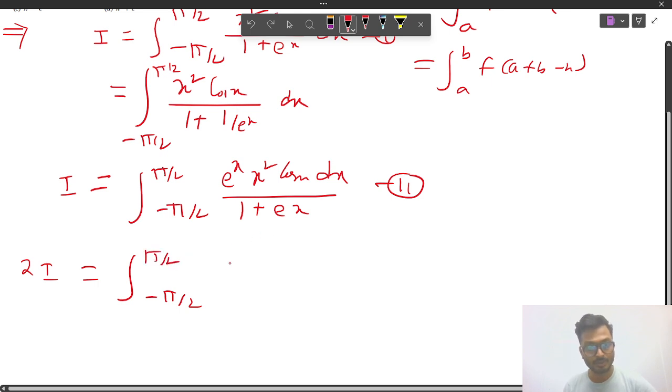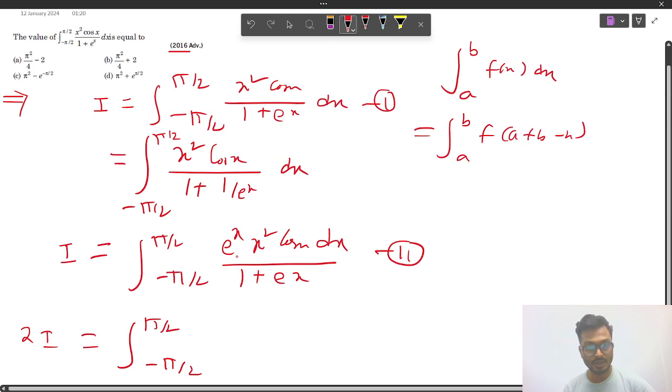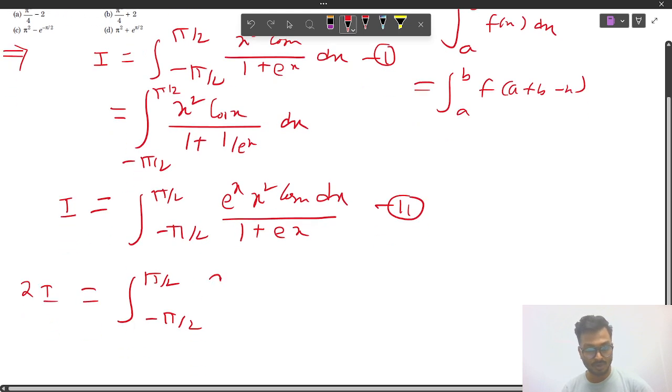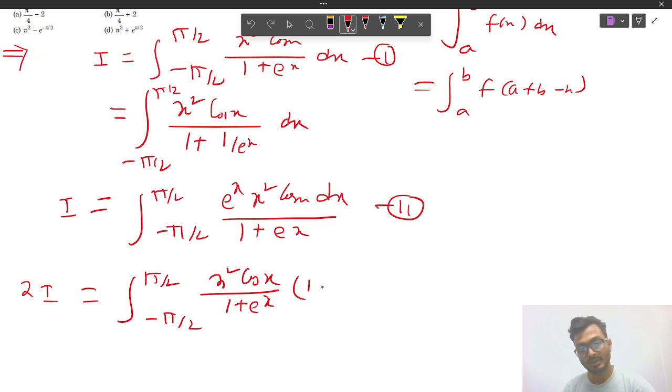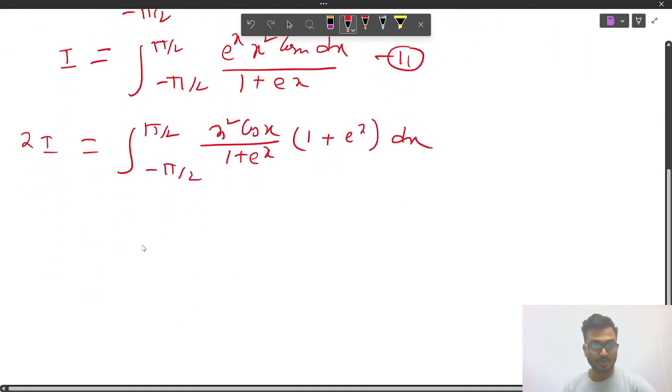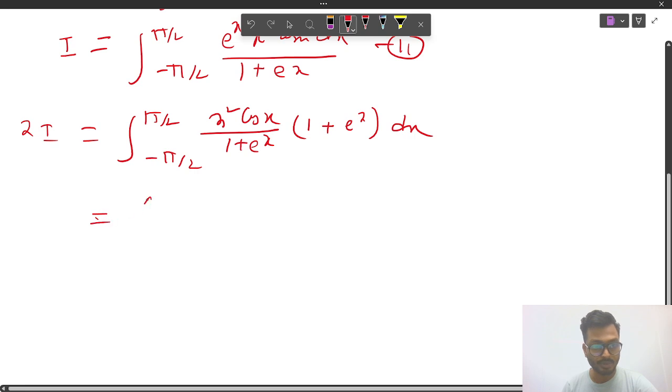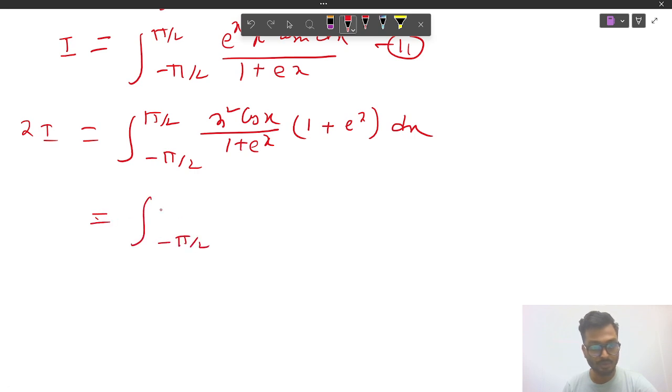When we add, we can take common x square cos x upon 1 plus e power x. In the first integration we get 1, and in the second integration we get plus e to the power x, dx.